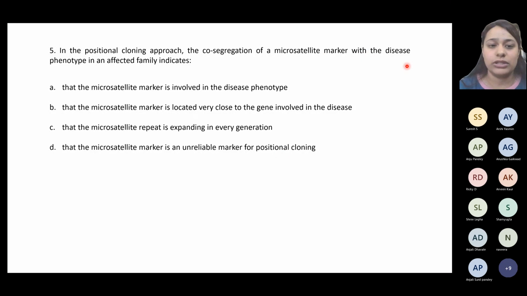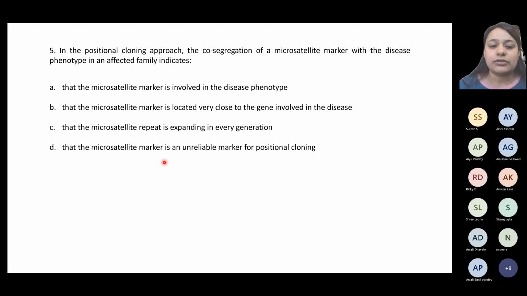a microsatellite marker with the disease phenotype in an affected family indicates A, that the microsatellite marker is involved in the disease phenotype. B, that the microsatellite marker is located very close to the gene involved in the disease. C, that the microsatellite repeat is expanding in every generation.